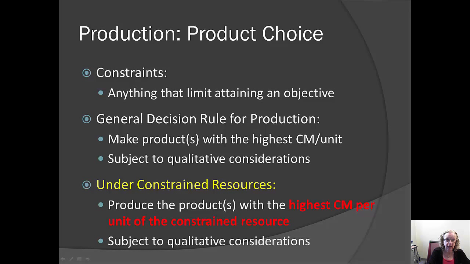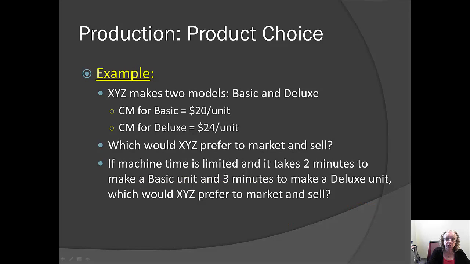Let's take a look at an example. A company makes two models of its product, basic and deluxe. The contribution margin for the basic units is $20 each, and the contribution margin for the deluxe units is $24 each.